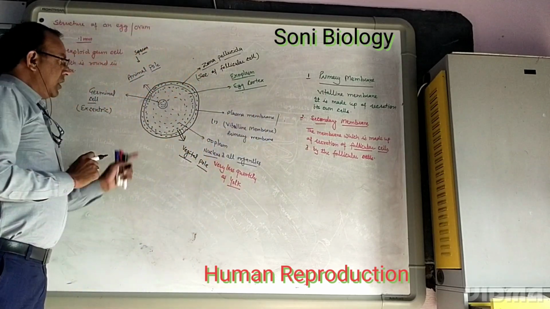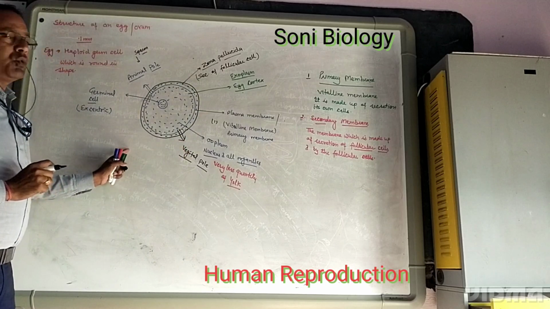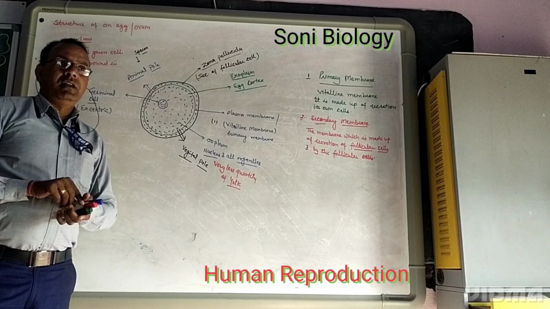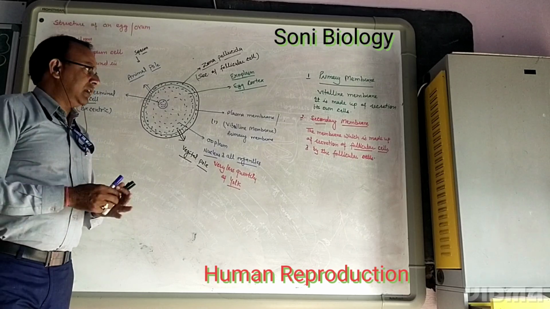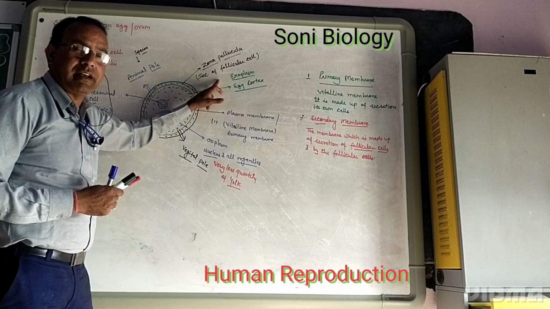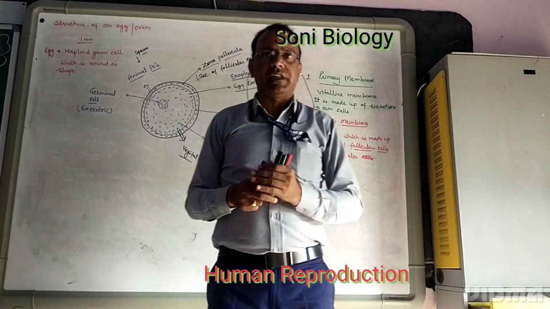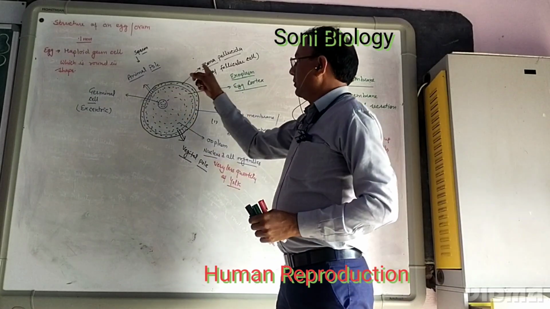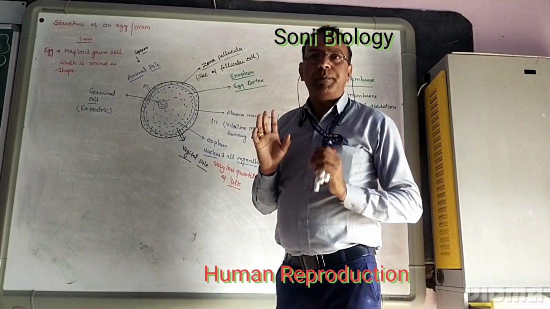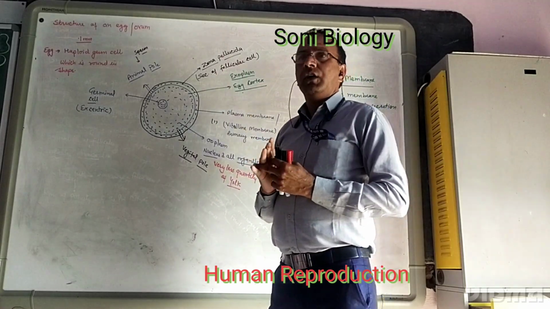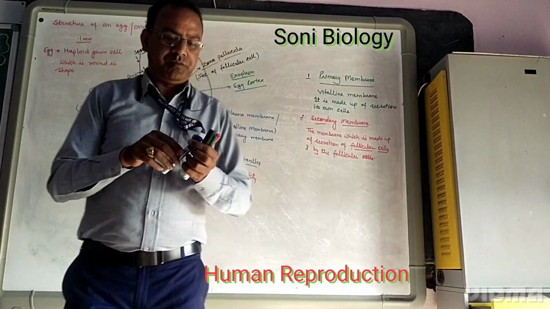Just outside the zona pellucida, there is one more layer made by the follicular cell.